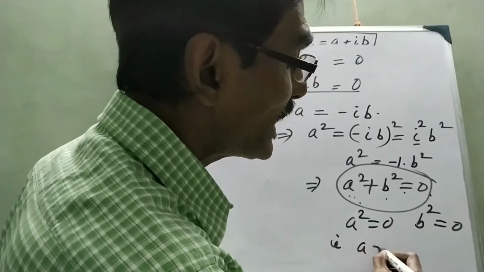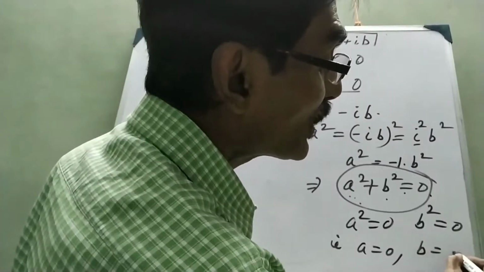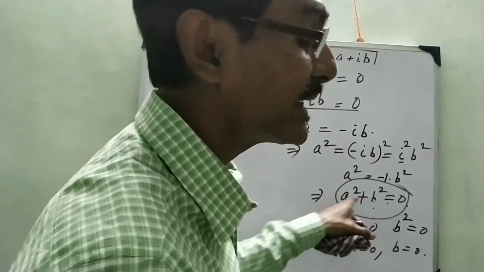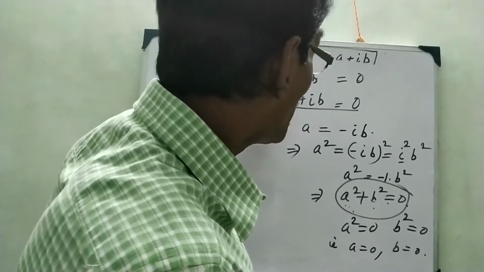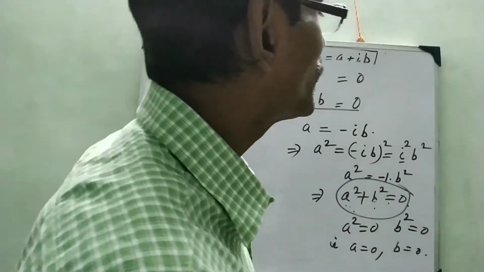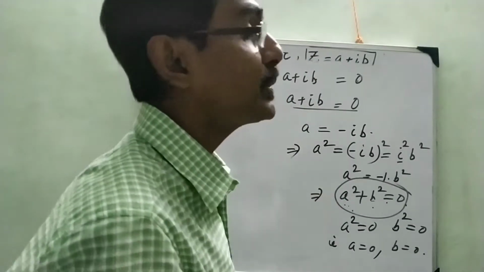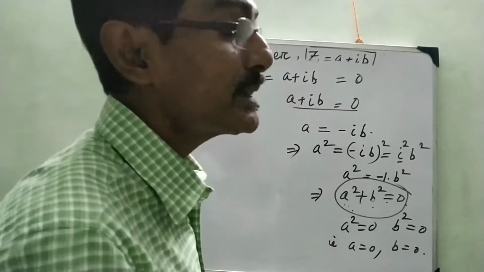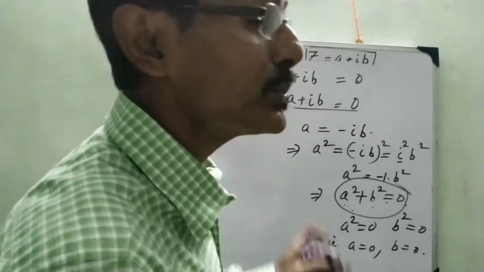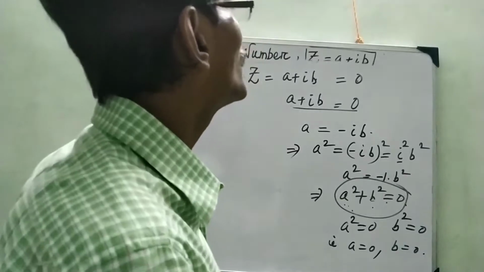That means a equals 0 and b equals 0. Very interesting result. So when a complex number equals 0, we can draw the conclusion by the two methods I have shown: a equals 0, b also equals 0.